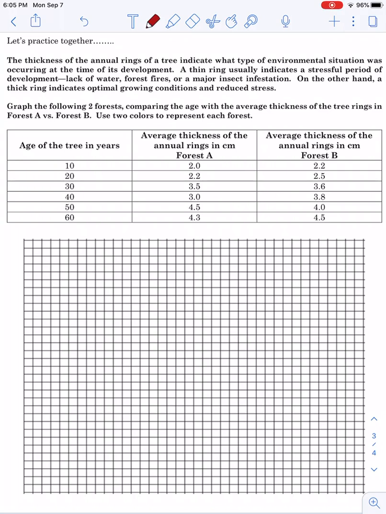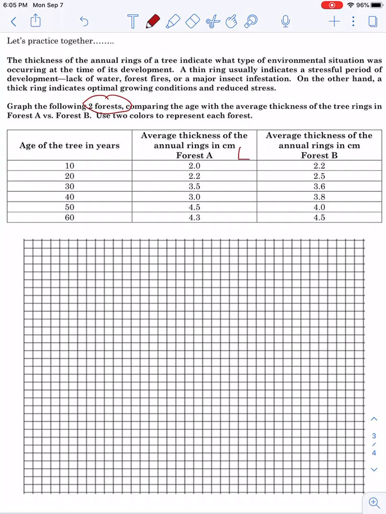On the other hand, a thick ring indicates optimal growing conditions and reduced stress. Graph the following two forests, comparing the age with the average thickness of the tree rings in Forest A versus Forest B. Use two colors to represent each forest.